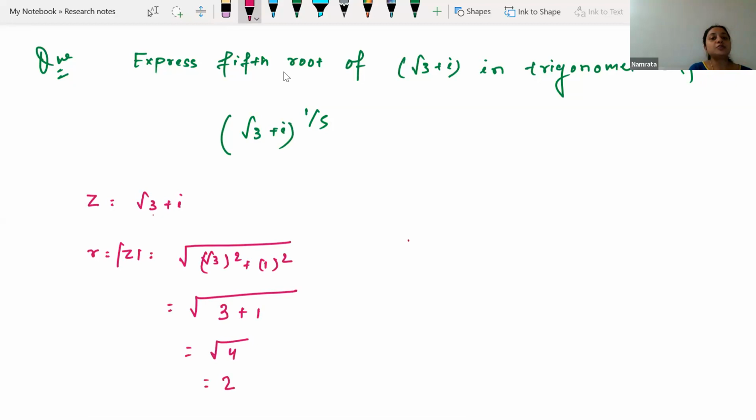And for theta, I told you to find alpha first. So tan alpha is equal to mod of y by x, that is 1 by root 3. Which angle gives 1 by root 3?